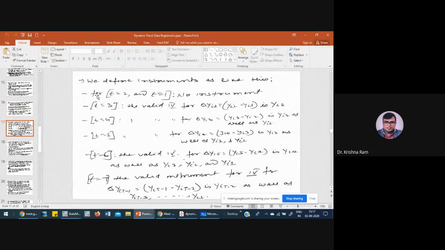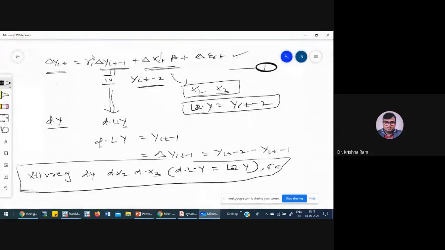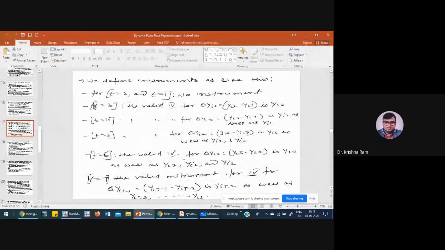then it says that for defining an instrument for delta y_i,t-1, which is our endogenous variable, we get instruments for period 3 onward.